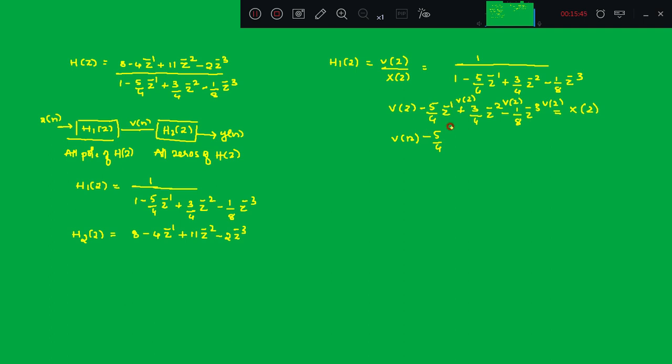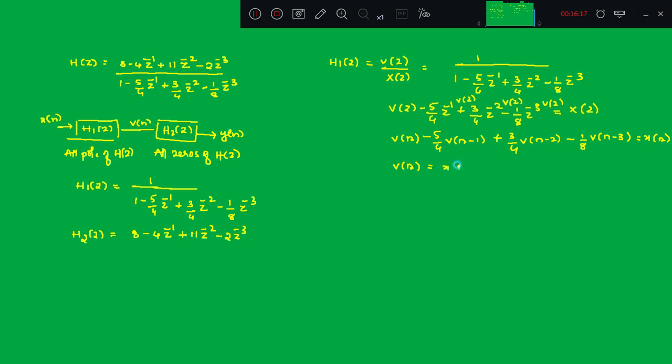Z raised to minus 1 V(z), its inverse transform is v(n minus 1), plus 3 by 4 v(n minus 2), plus minus 1 by 8 v(n minus 3) is equal to x(n), right? So now the output you have to write, the present output you have to express in terms of present and past inputs as well as the previous outputs.